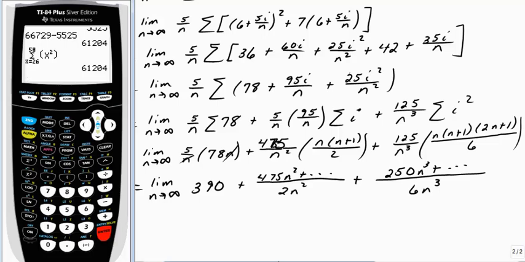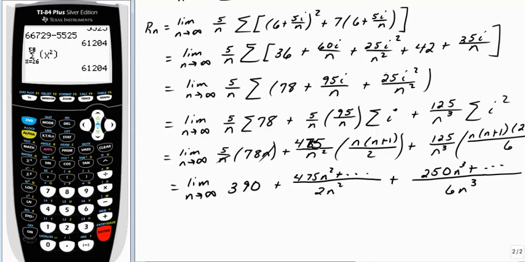So now, when we take a limit as n approaches infinity, anytime the degree of any fraction in the numerator and denominator is the same, the limit is just the fraction of the leading coefficients. First term didn't need the limit, the n's canceled. The second one now, when we take the limit, it's 475 over 2. And our third one, we get plus 250 over 6.